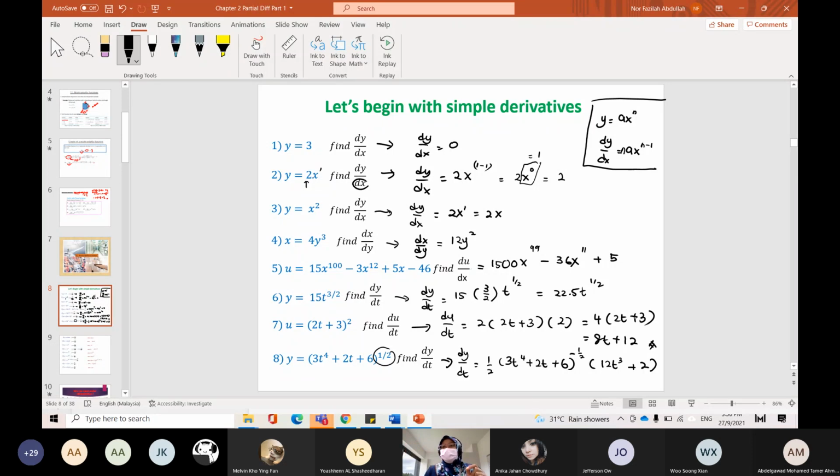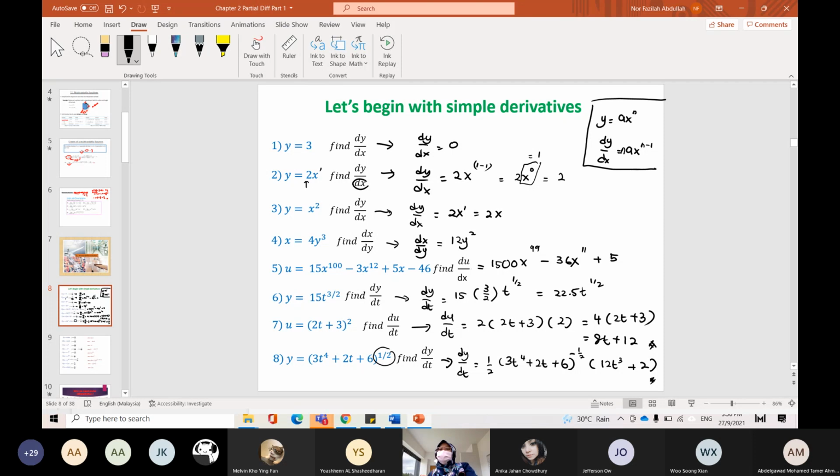So if you want to simplify, then it's up to you. If you want to leave the answer up to here also can. This one we just revise your knowledge on the simple derivative.